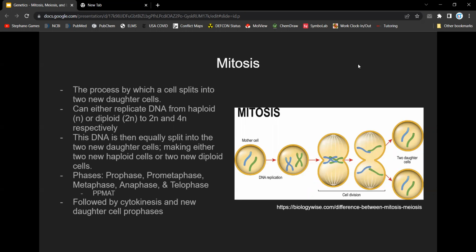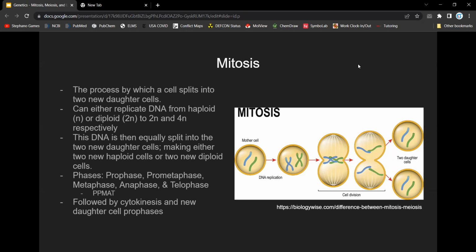The best way to remember this is if you have a haploid cell, it's going to have N amount of genetic material, or if you have a diploid cell, it's going to have 2N. It's going to have two copies of that genetic material. And then in order to replicate and form two new daughter cells, it's going to have to double that amount.